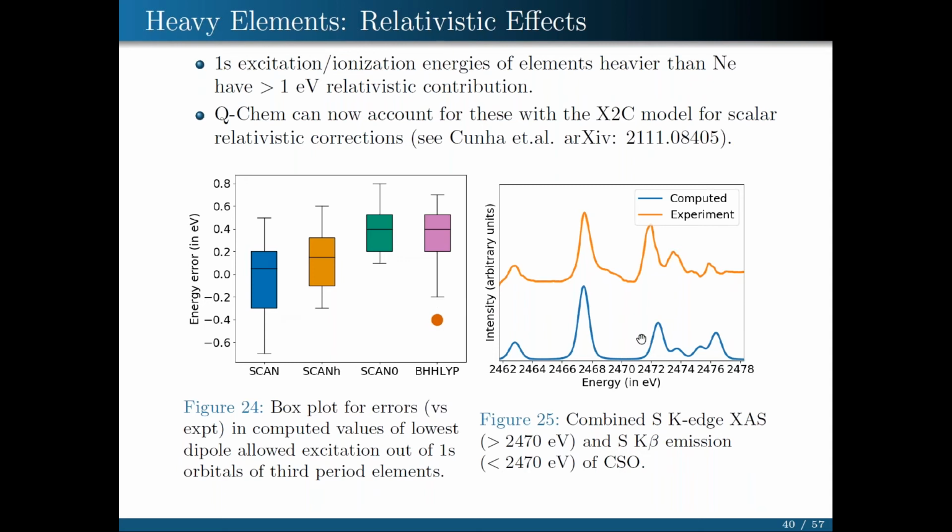On the right, there's a combined emission and absorption spectrum for the sulfur K-edge of the OCS molecule, where again we find good agreement between the computed spectrum and the experiment, indicating that this is a pretty good approach for computing such things.